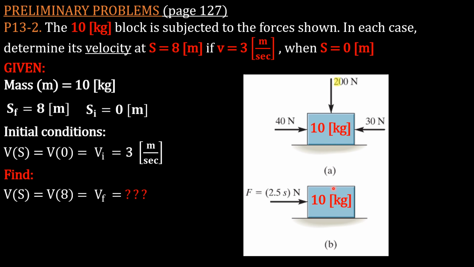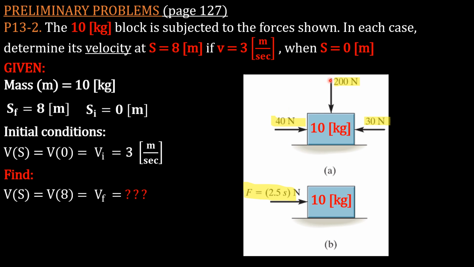So here we have 10 kilograms. These 240, 30 are constant applied forces on this block, unbalanced forces causing the block to move. This is again a variable force acting on the block, causing the block to move.